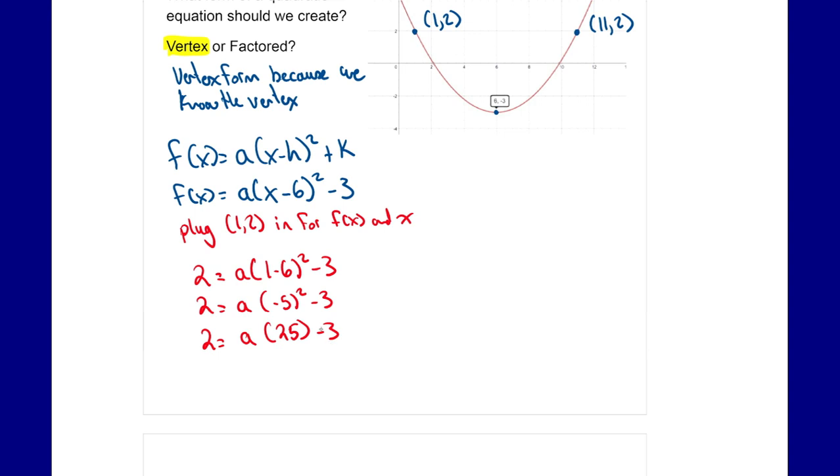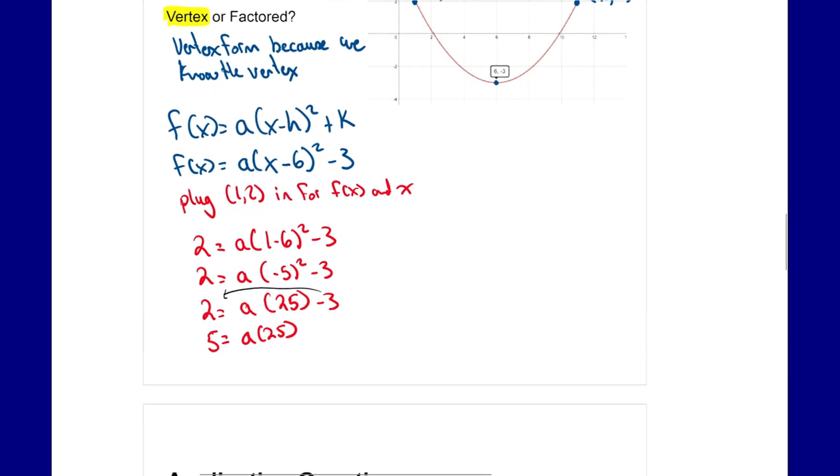I need to move the minus 3 over. This minus 3 comes over, so I have plus 3. So 5 is equal to a times 25. Divide both sides by 25, and I get a is equal to 1 over 5.